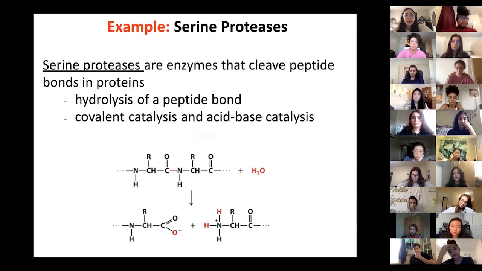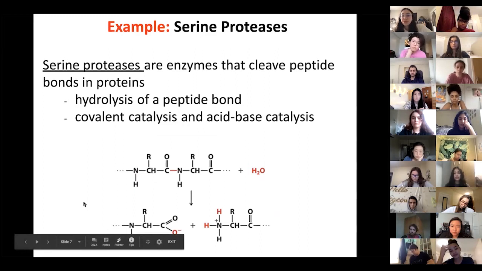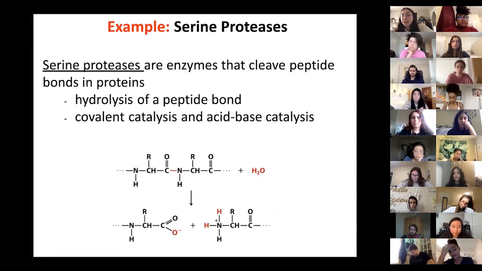And then an example that we're looking at is a serine protease, which is also known as serine endopeptidase, which is an enzyme that's responsible for the degradation of proteins, so their amino acids can be recycled for the synthesis of new proteins. This provides a really good example of two catalysis mechanisms, covalent catalysis and acid-base catalysis.